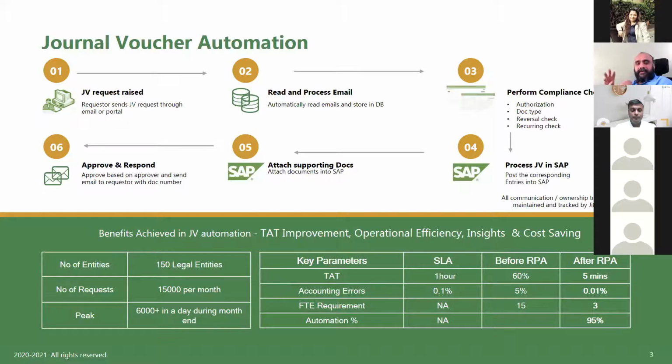One very important thing here is in terms of efficiency. We were staffing, and people who are in the accounting background would understand that in any record to report kind of operations, you generally staff to the peak volumes and peak days. It is predominantly on the closing days. We were having 15 odd full-time employees working on this journal process during the closing days, and these people were not completely leveraged on this.